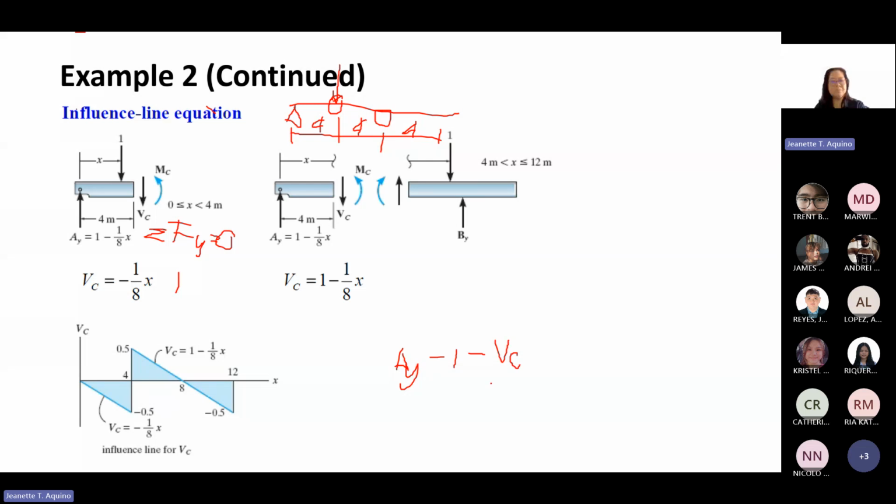Substitute 1 minus x over 8 here. This equals 0. So BC, negative, AY is positive, equals AY minus 1.